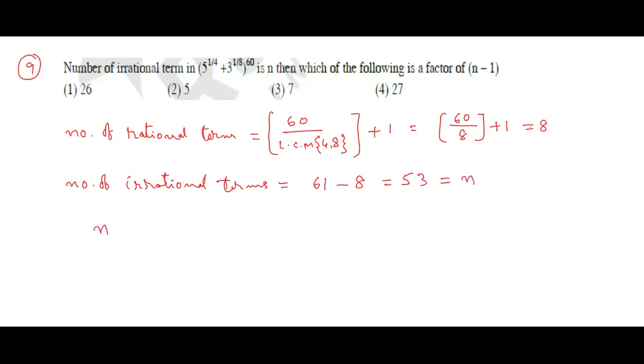But they are asking n minus 1. N minus 1 means 53 minus 1, that is 52. So which of the following is a factor of n minus 1? So which is a factor of 52? That is 26 only. First option, correct. This is a very easy question.